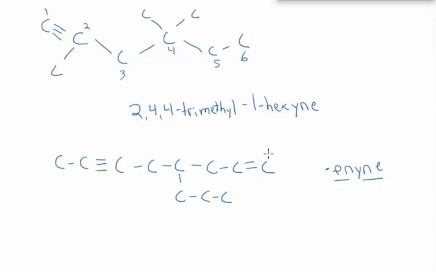And this is a propyl group because it has 3. So we would say 4 propyl. And that's not changed. And then we have 2 special bonds. We have a double and a triple. And when you're naming and you're writing where they are located, list the double bond first.